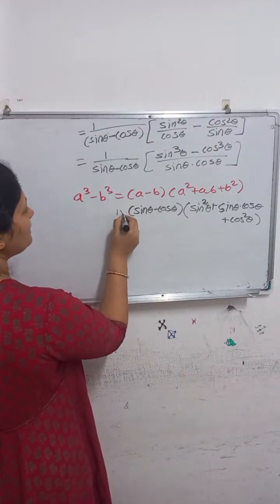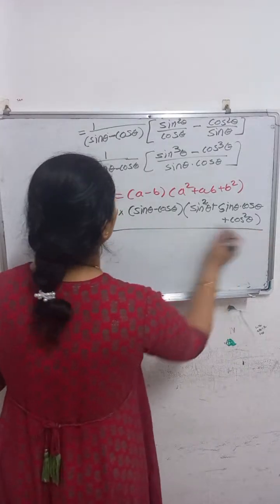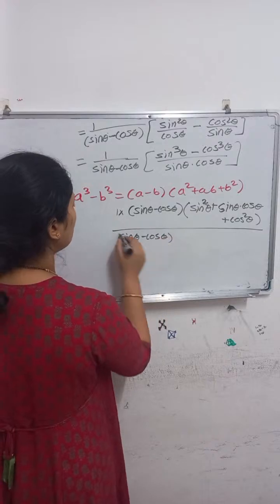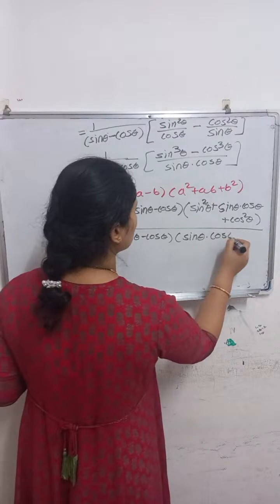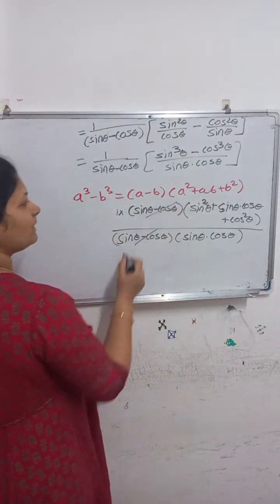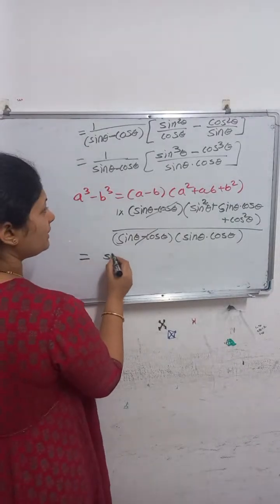Once we get this, substitute over here. So 1 is there. I simplify this, and here divided by we have sine theta minus cos theta, and here we have sine theta into cos theta. Now check this part and this part get cancelled. Then remaining terms are what?